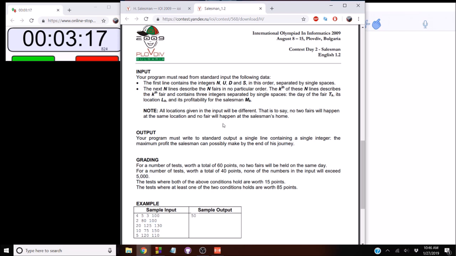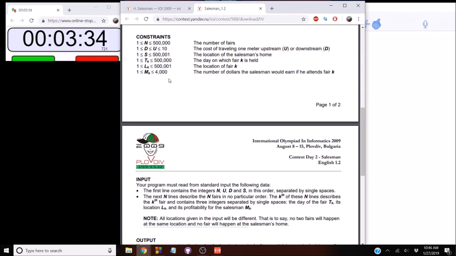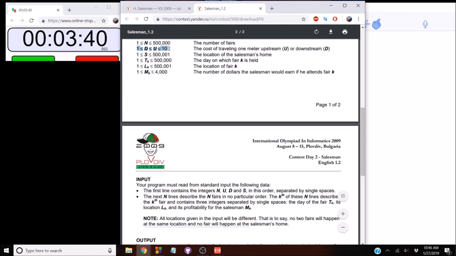All the locations will be different. That is, no two fairs will happen at the same location and no fair will happen at the salesman's home. That is quite interesting. Okay, so the locations of the fairs are up to 500,000. And the money he earns is also up to 4,000. So it seems like these cost values are very tiny.